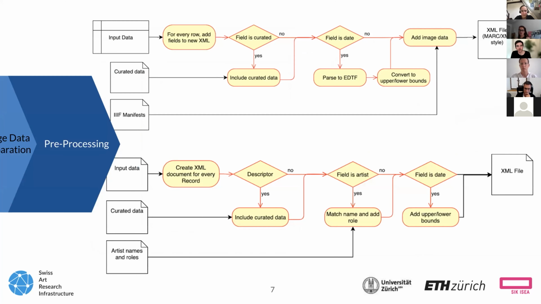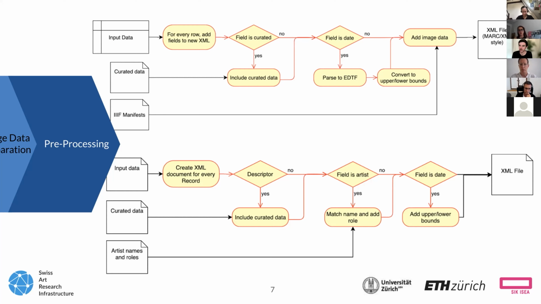Then we have a pre-processing step in which we prepare the source data for conversion into linked data. This involves mainly integrating the curated data from the different platforms, integrating the image data, as well as some interpretations, especially date specifications.